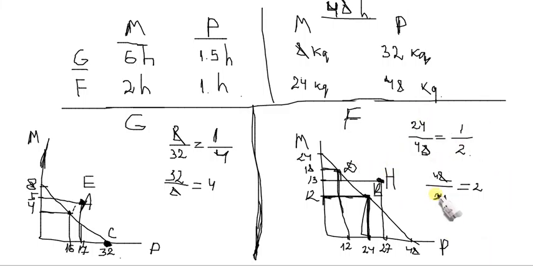And now we derive two theories from opportunity cost: one is comparative advantage and the second one is absolute advantage. Absolute advantage is calculated by productivity. In this case, for both goods, absolute advantage is on the farmer. He has more productivity.